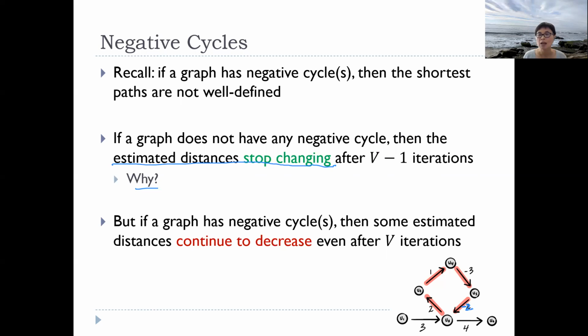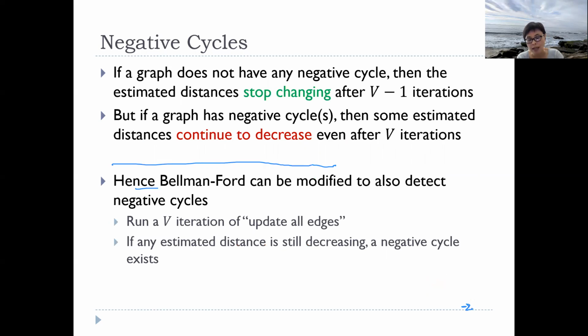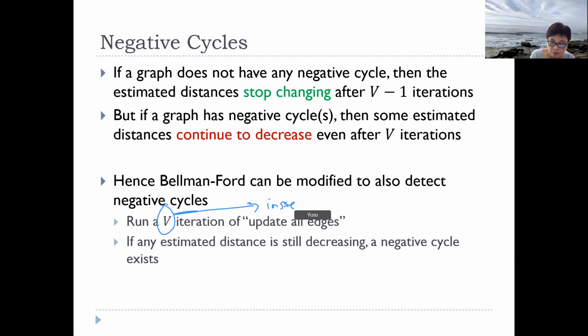So the way that you detect a negative cycle is that Bellman-Ford can be modified to detect negative cycles. Instead of v-1, you now run v rounds.